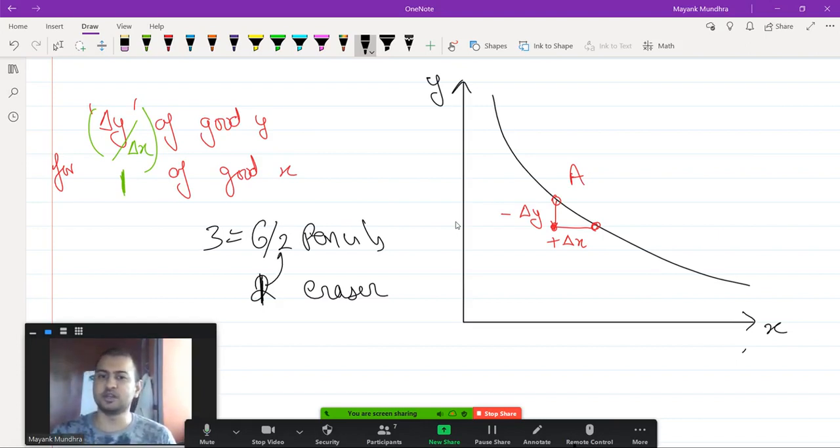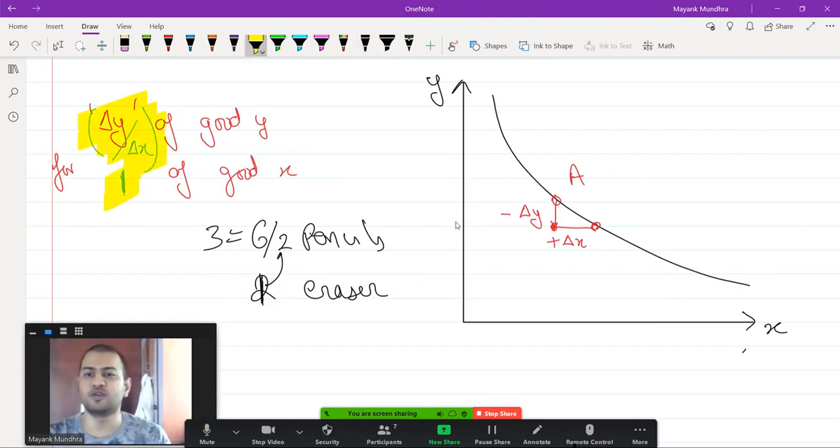So you take this 2 and divide. That's the basic unitary method which we have studied in school. It's the same logic. Delta Y of good Y for delta X of good X means delta Y by delta X of good Y for 1 unit of good X.